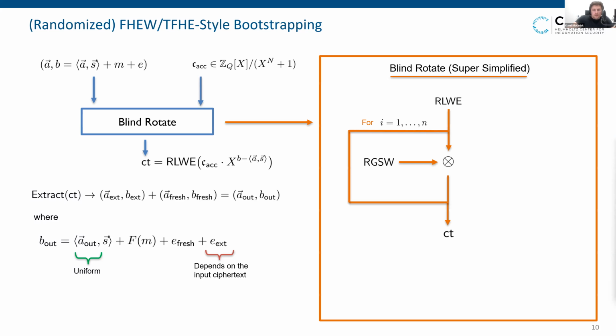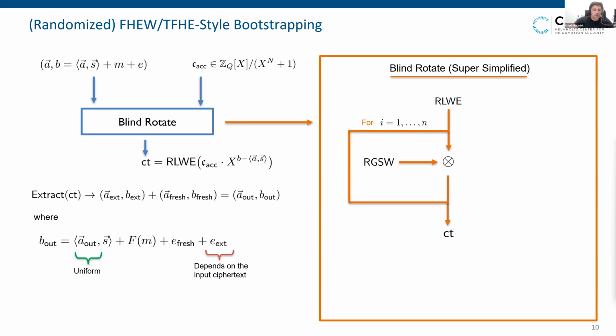So let's now take a closer look at the blind rotation algorithm. This is a super simplified description, but in general, blind rotation starts with a ring LWE ciphertext called the accumulator, and then it consists of a sequence of ring LWE and ring GSW products, and finally we return the ring LWE ciphertext CT.